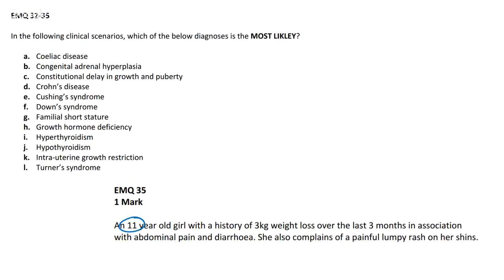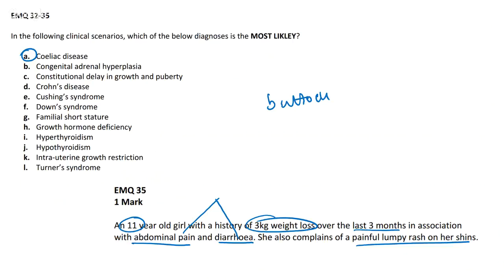Okay, so an 11-year-old girl has 3 kilograms of weight loss over the last 3 months, abdominal pain and diarrhea. This is classic, okay? A painful lumpy rash on her shins. Are you guys sure? Celiac, okay? So it's more likely celiac. Because of the wasting, I'm still not sure what the pathophysiology is behind that.